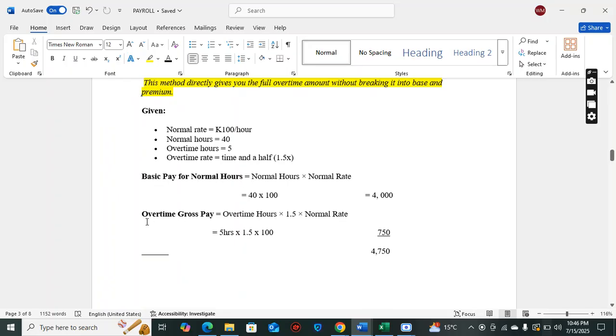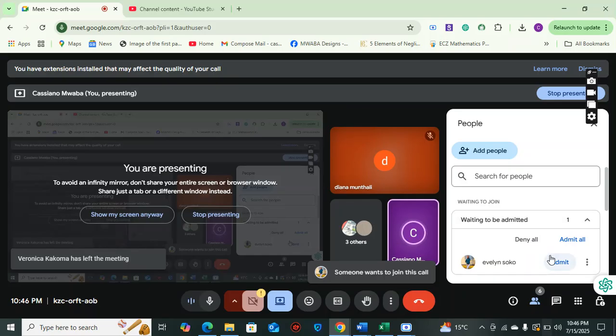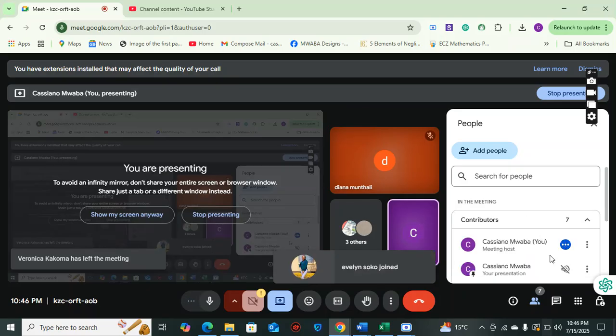Then you get the gross overtime pay. Any questions before we look at the third and the recommended method? Because at least with this third method, you are going to see how your pay has been broken down.